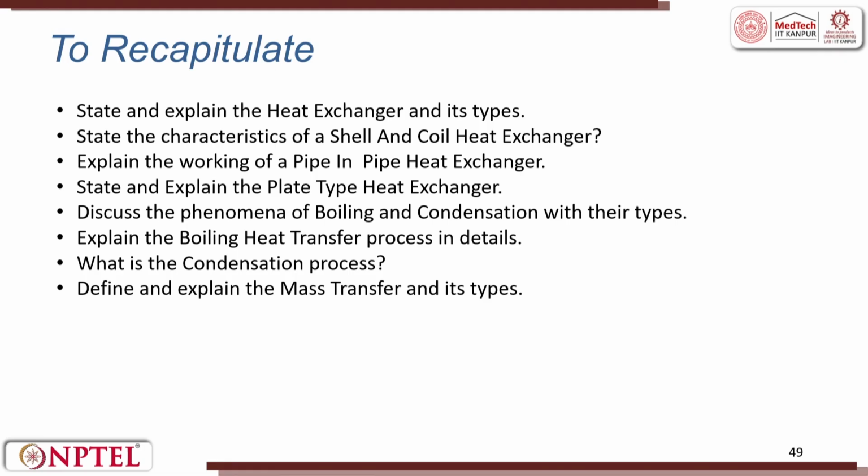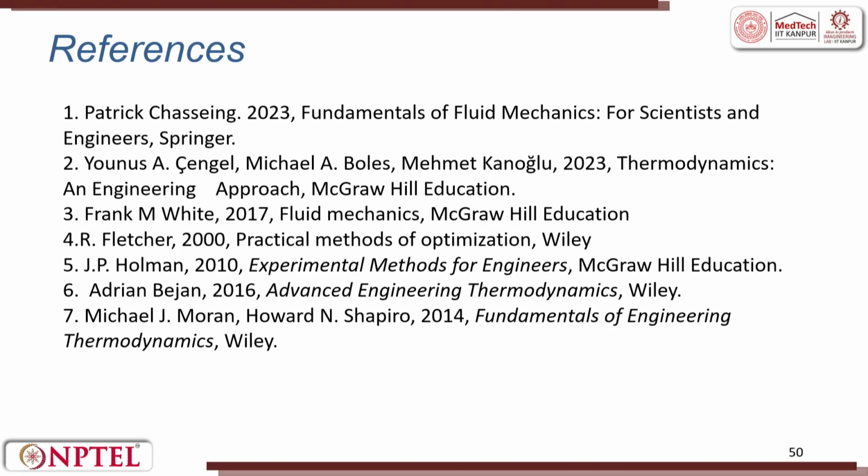Mass transfer is very important when we look at coatings, adsorption, absorption and distillation. Everywhere mass transfer plays a very important role. As far as chemical engineering is concerned, mass transfer is a very important topic because it talks about transfer from a higher concentration to a lower concentration. These are the references which we have used through this lecture, and thank you very much.